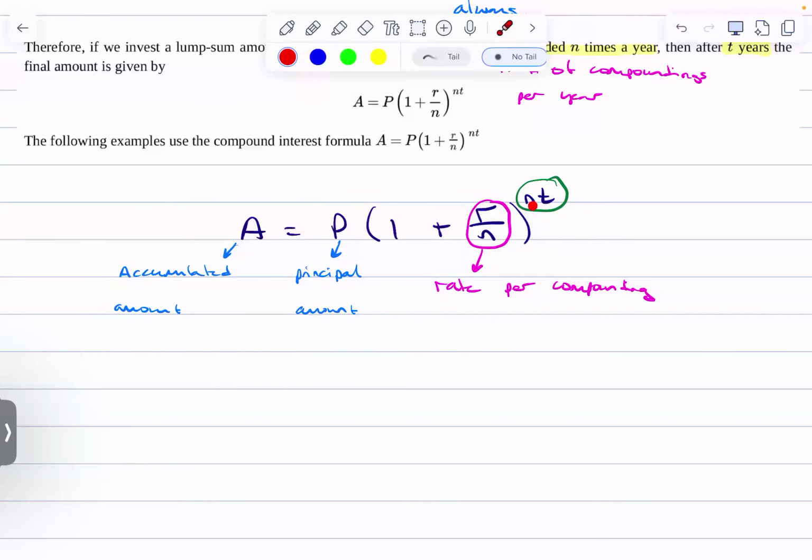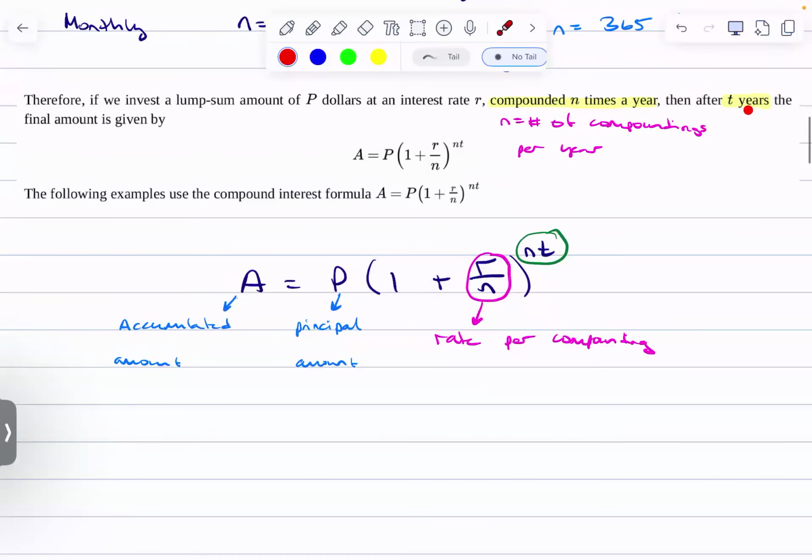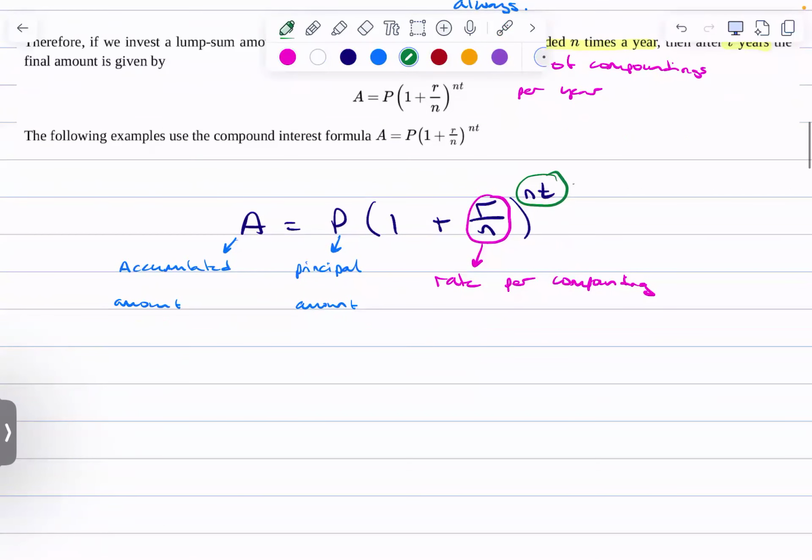N is the number of compoundings, and t has to be in years now. And so n times t is going to tell you the total number of compoundings. If I'm compounding 4 times per year for 3 years, I have 12 total compoundings.